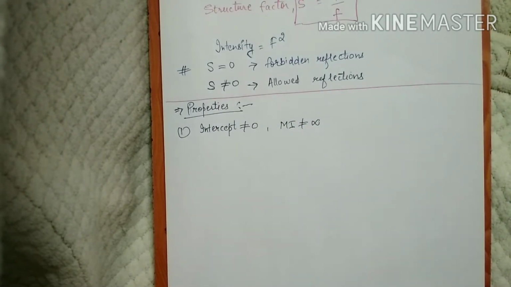Because there was the case of intercept where intercept was going to be infinity, in that case we used Miller indices because that was the limitation of your intercept or your Weiss indices. So now when we are dealing with Miller indices, they cannot be infinity.